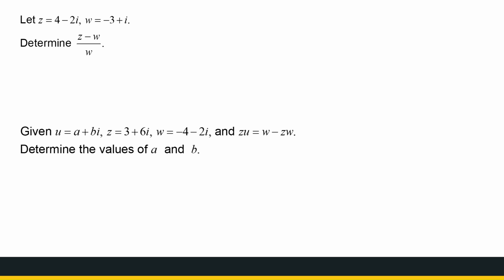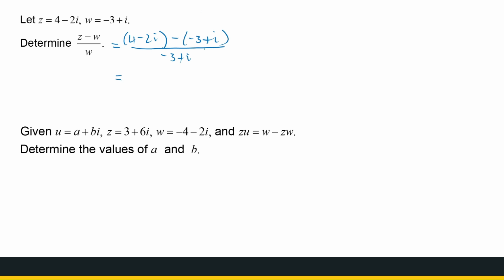So let's get started. Here's the first question. I'm giving you two complex numbers, Z and W, in rectangular form, and I'm asking you to do a calculation. Generally, if I give it to you in rectangular form, you can keep it in rectangular form and use those for calculations, with one or two exceptions, which we will look at. So if I look at (Z minus W) over W, I'm given Z and W, so that'll be 4 minus 2i minus (3 plus i), everything divided by W, which is minus 3 plus i.